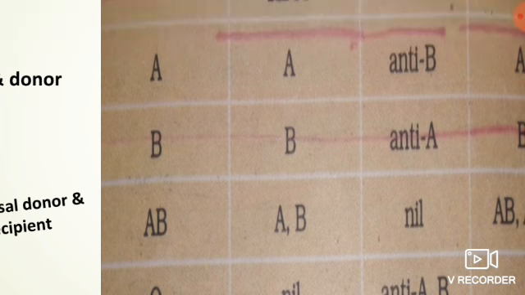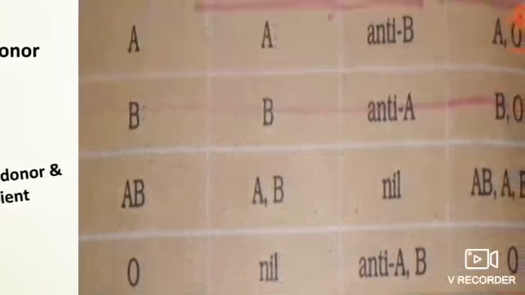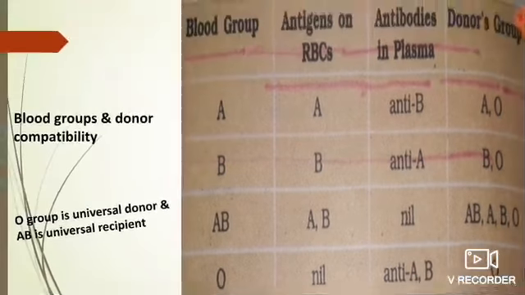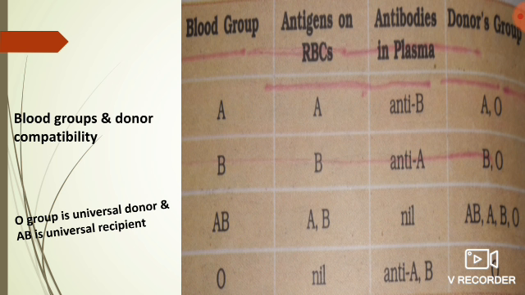If the blood group is B, then the antigen will be B and the antibody will be anti-A. If the blood group is AB, then the antigens will be A and B and antibodies will be nil, that means 0. If the blood group is O, then antigen will be nil and antibodies will be anti-A and anti-B.